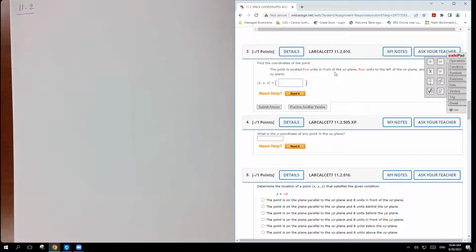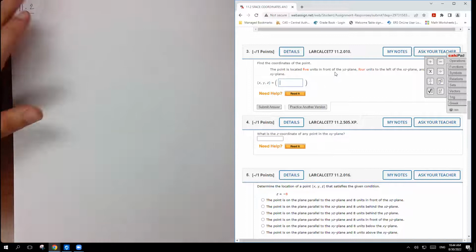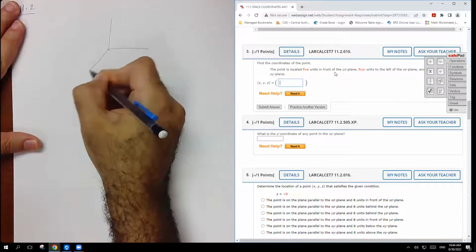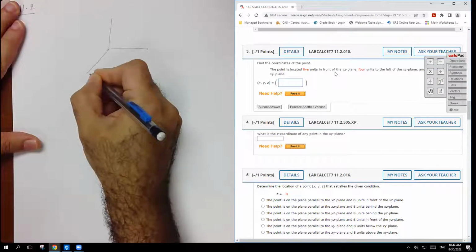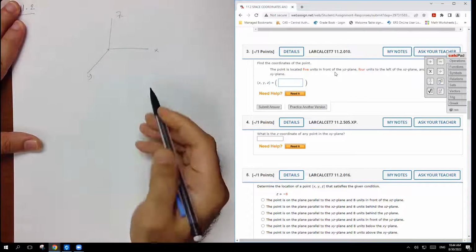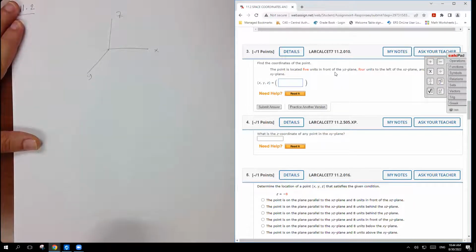The point is located in front of the YZ plane. If you look here, here is X, here is Y, and here is Z. Let's say this is Y, this is X, and here is Z. The point is located 5 units in front of the YZ plane.